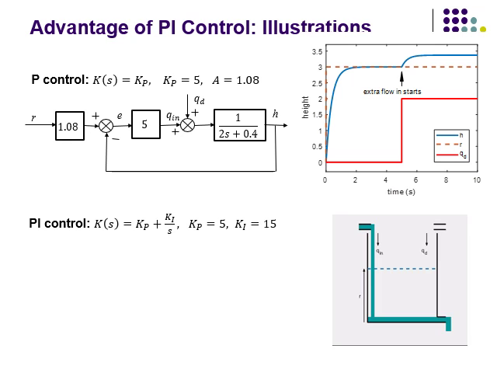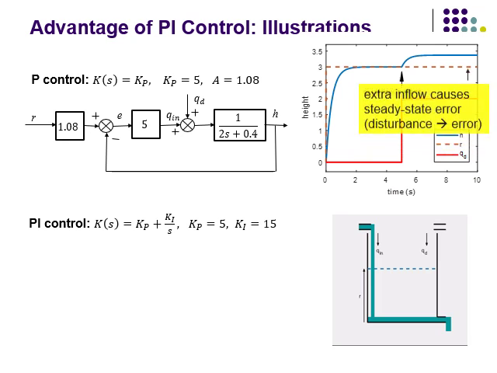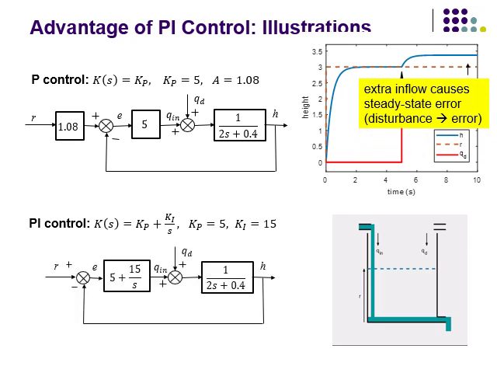Okay, so if we change our controller to a PI controller, the block diagram for the control system is shown here at the bottom. We keep Kp equal to 5, and for this example Ki is set to 15.